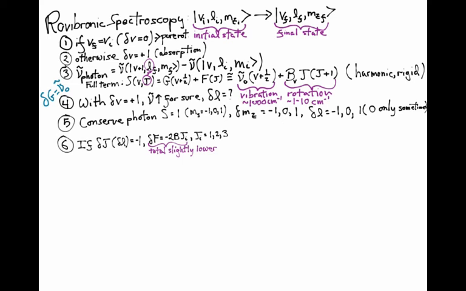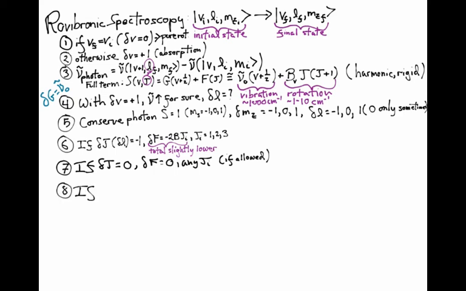Now, if the change in J is 0, then there's no change in the rotational quantum number, and that can be true for any rotational angular momentum quantum number, because there's no change in it. But this is only valid if that change is allowed, and again we'll get to that.